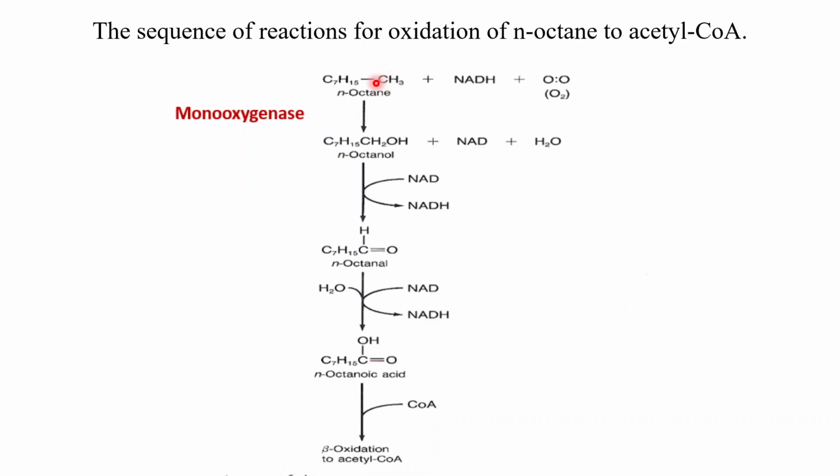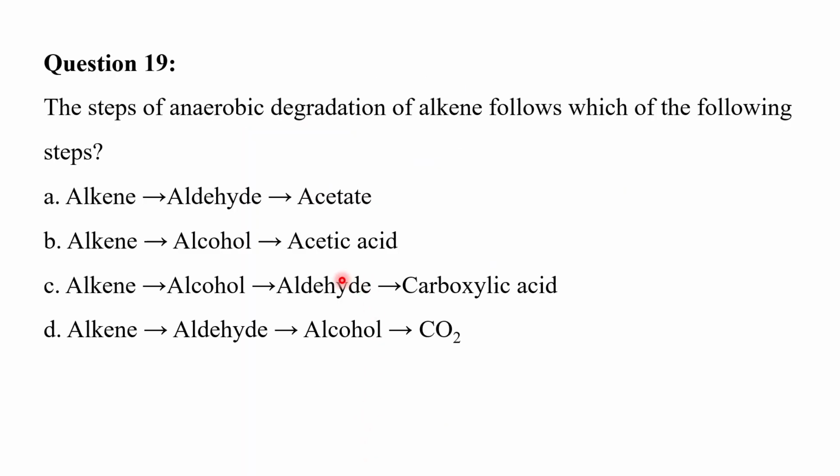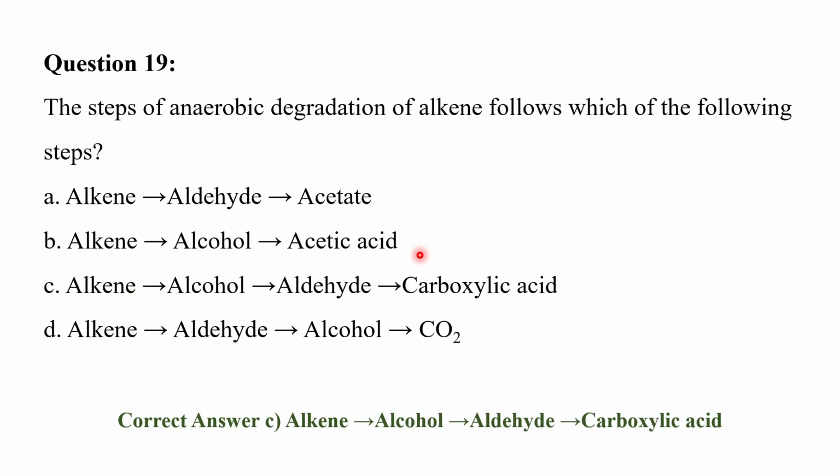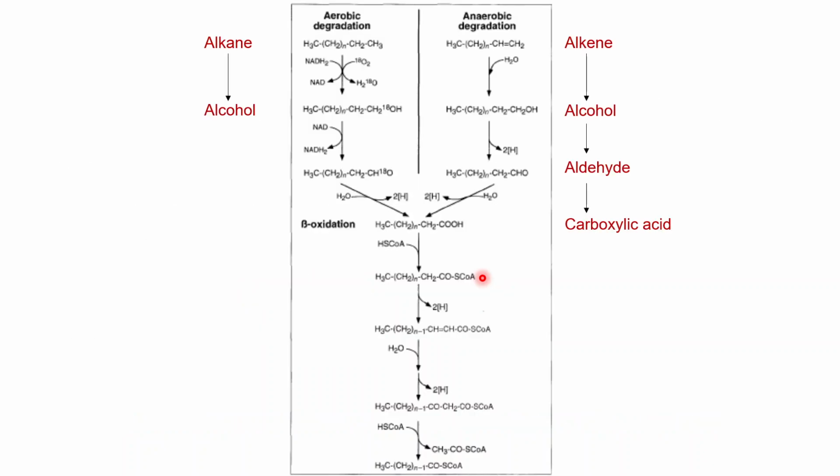So an alkane is converted into alcohol, then aldehyde, then carboxylic acid, and from carboxylic acid it goes to acetyl coenzyme A. Similarly, alkenes will also go the same path. From alkene it will go to alcohol, then aldehyde, then carboxylic acid.